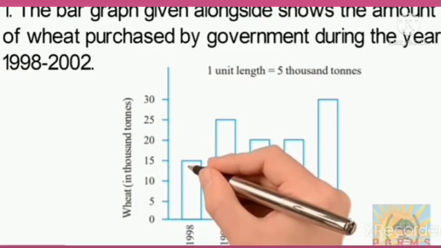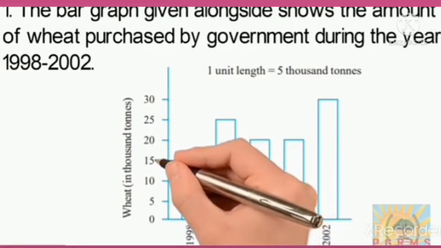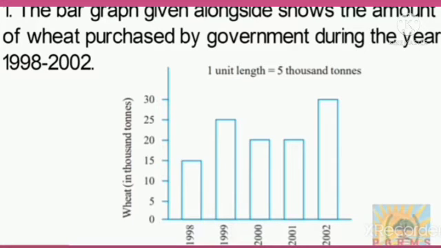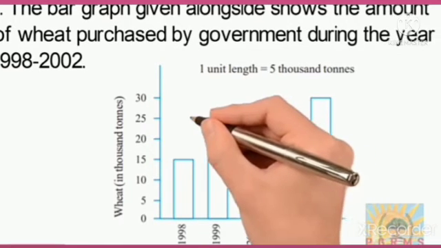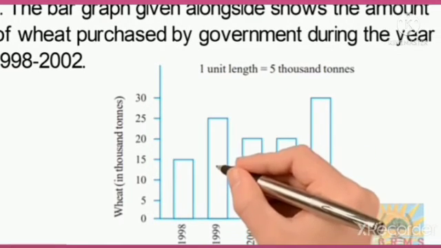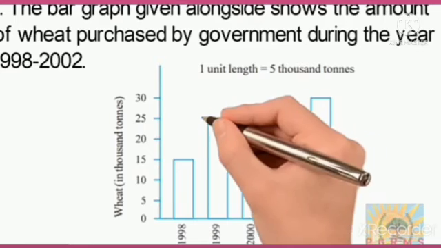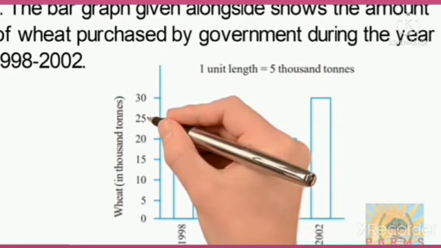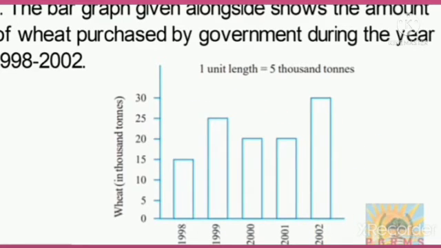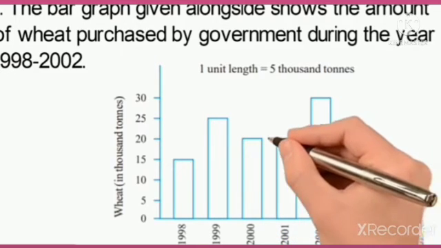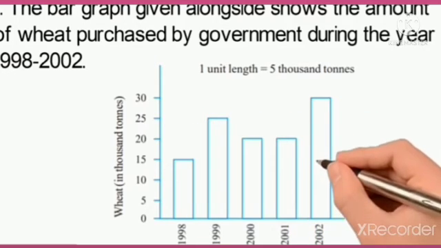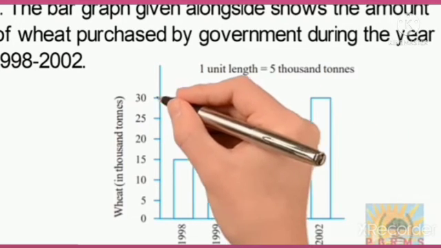So in 1998 the scale is at 15, means in 1998 government purchased 15,000 tons of wheat, and in 1999 the scale is at 25, means 25,000 tons of wheat purchased by government. In the same way, in 2000 20,000 and 2001 again 20,000 tons, and 2002 30,000 tons.